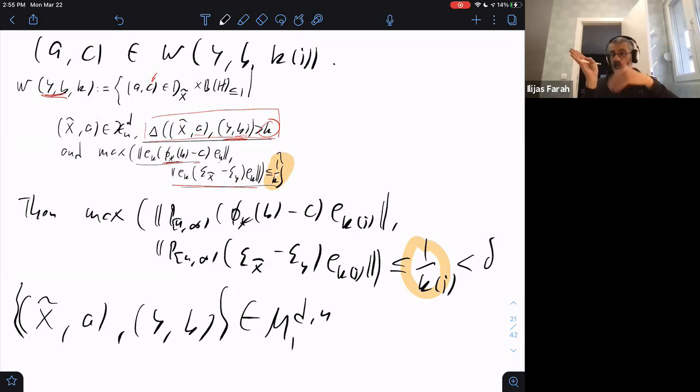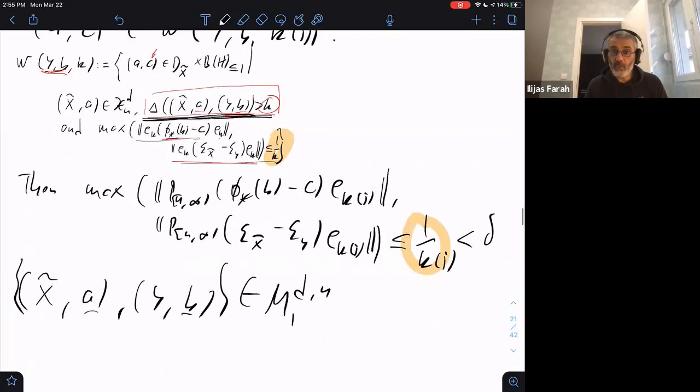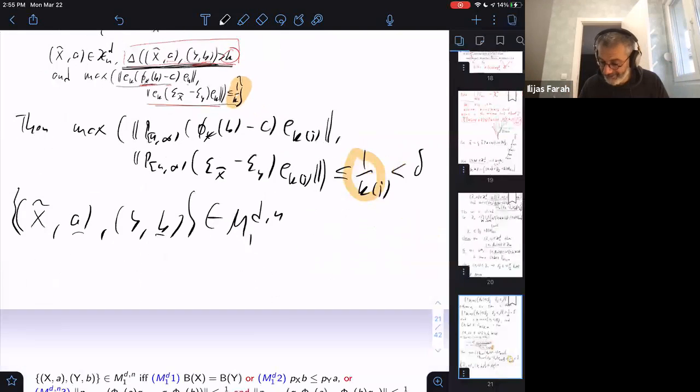Well, their branches are distinct, so that's out. Second condition was that by the time those branches start diverging, those second coordinates A and B are distinct. Well, that's also fine. So A and B agree up to that point because that's this part here, right? So this delta is greater than K. So what must happen is that the third condition has to fail. And now the third condition is a conjunction, right? So both of those norms are small, which is exactly what we want.